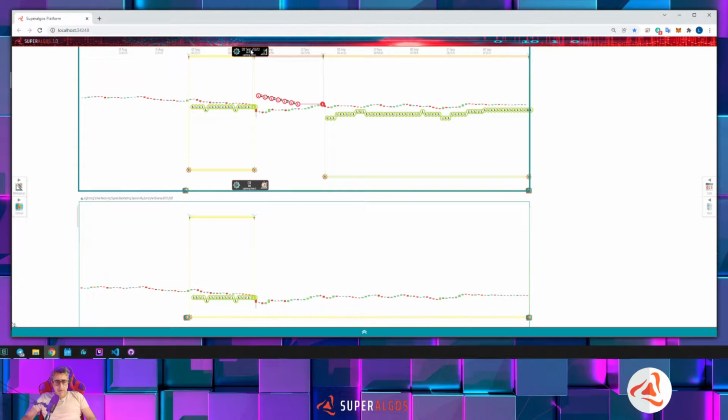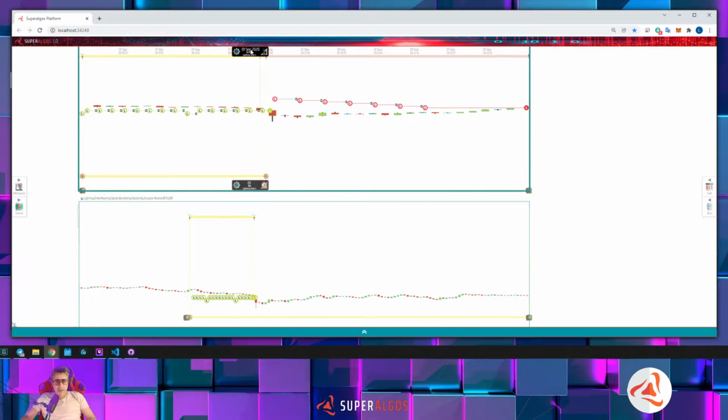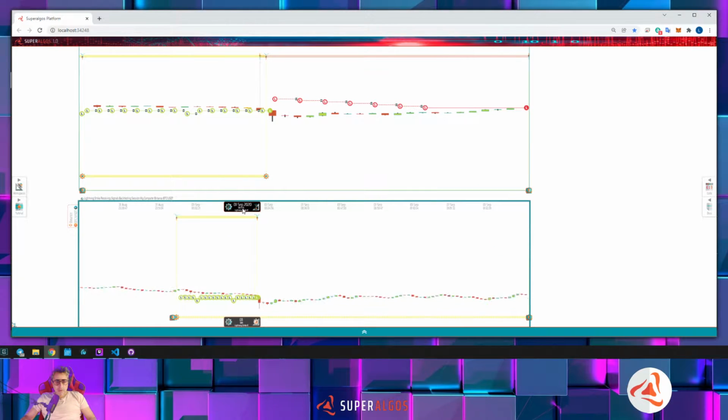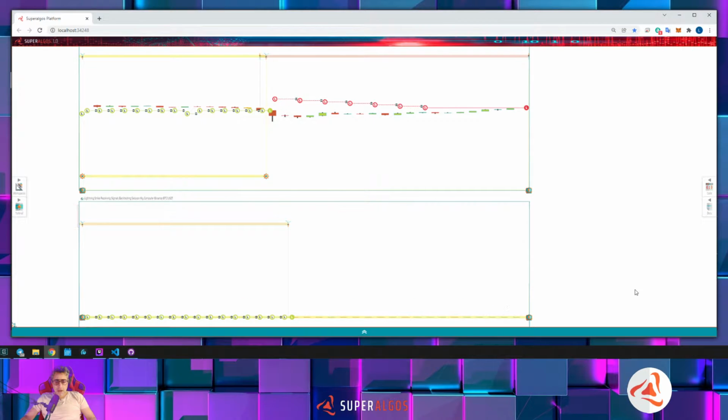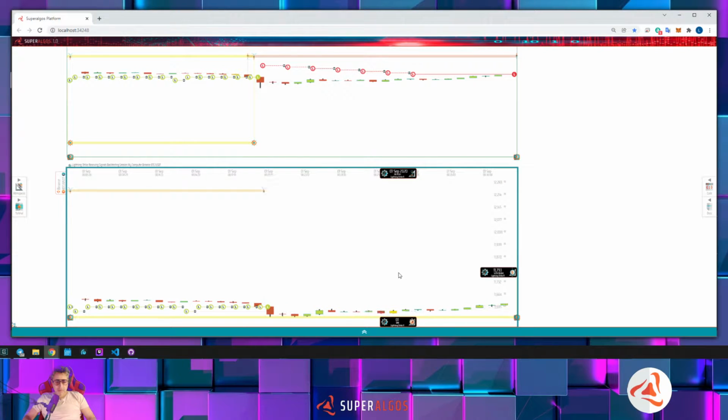Graphically, this looks pretty much the same. 1, 2, 3, 4, 5, 6. So yeah, graphically, it looks almost identical. The only problem here is that the stage didn't close.